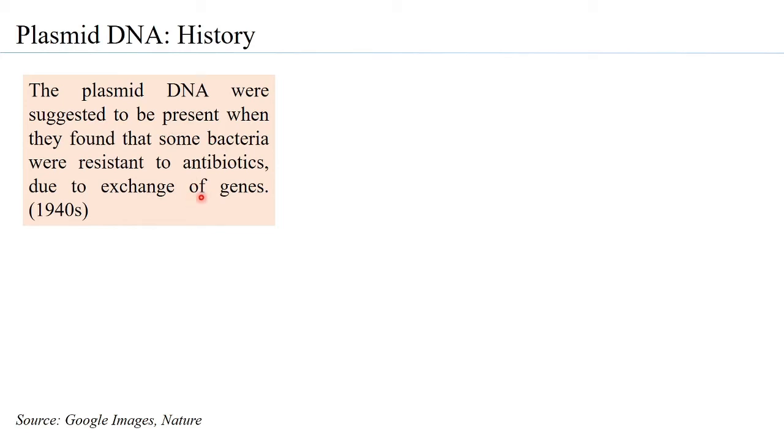This was typically found, especially when they were observing that viruses that have infected one bacteria, and when these viruses move on to another bacteria, then the other bacteria seem to get certain characteristics of the previous bacteria. So thereby, the conclusions that many of these scientists made were that there was something present in these bacteria that could be transferred to the other bacteria.